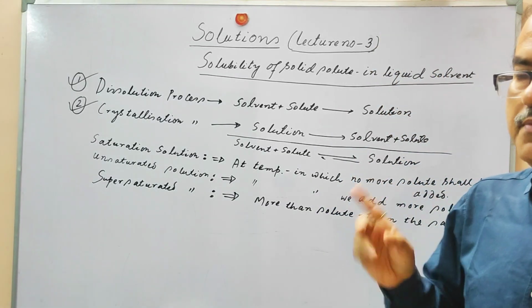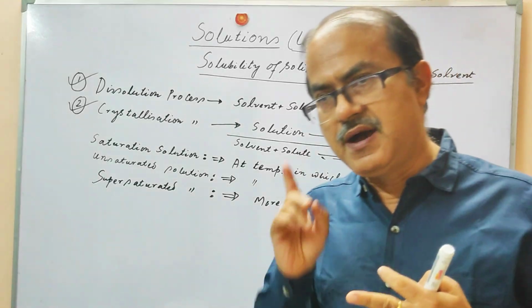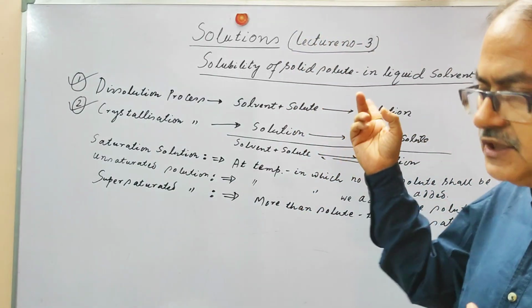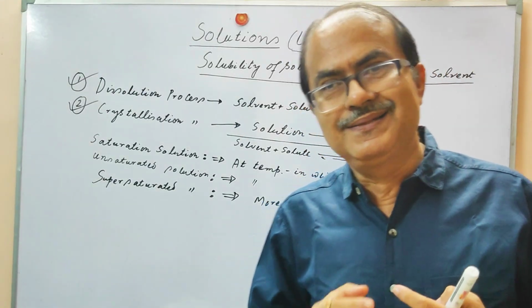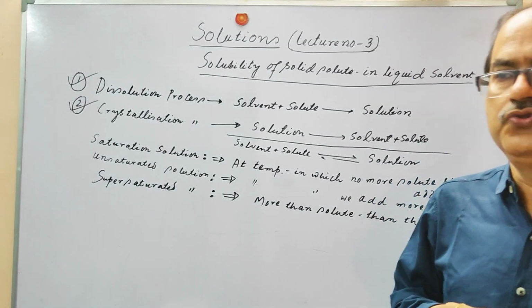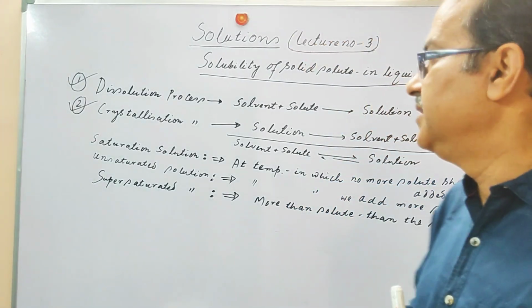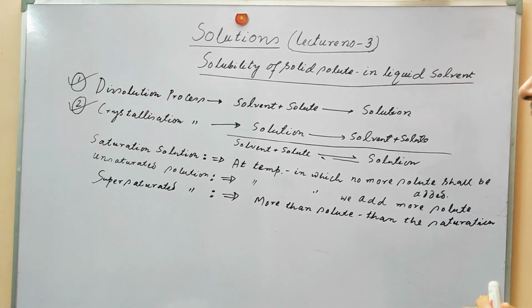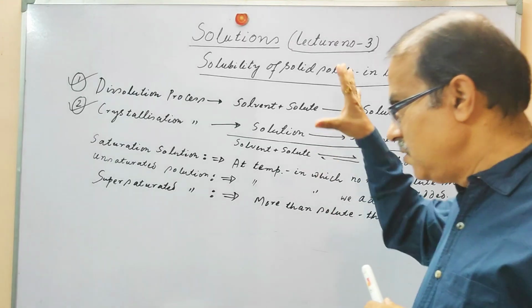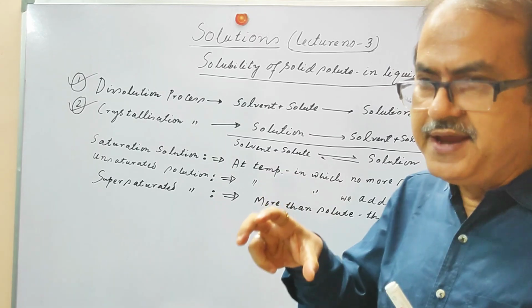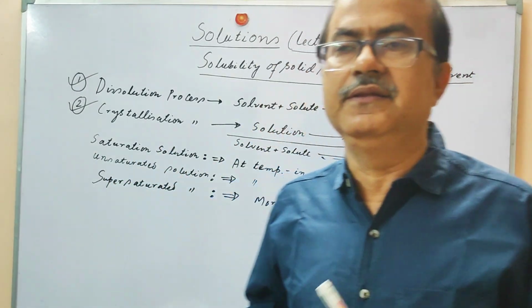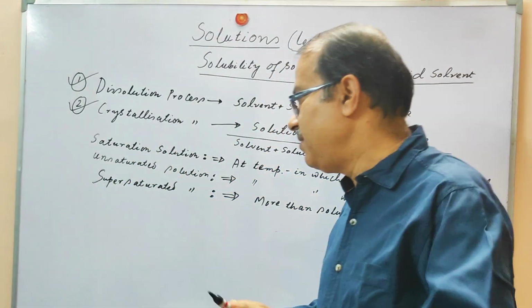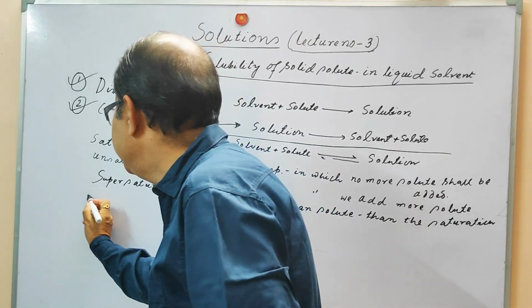Both these processes become equal, and at this stage the number of solute particles entering and leaving the solution phase is fixed, is constant. We also understand the saturated solution and the unsaturated solution. The discussion will end with a very vital thing that we are going to discuss now, that is solubility.